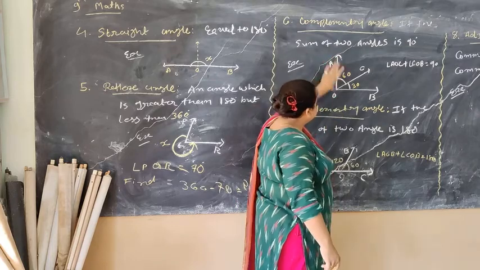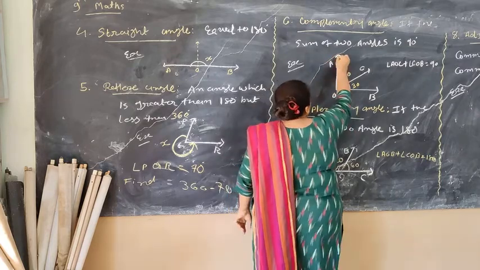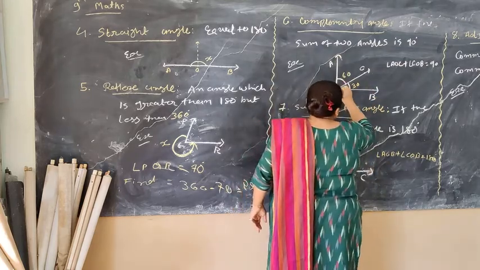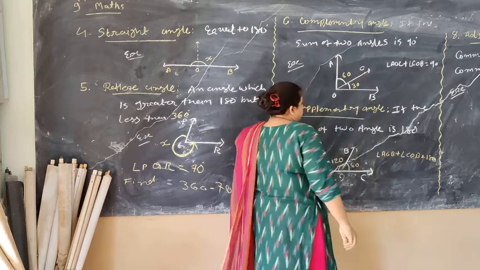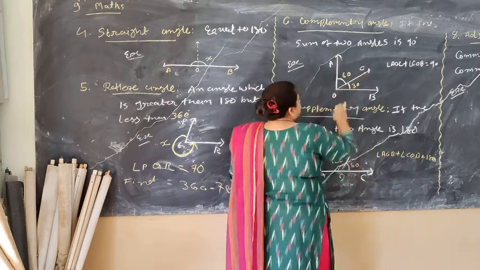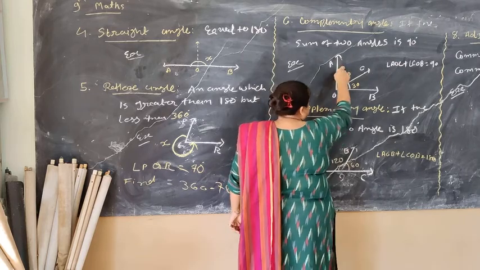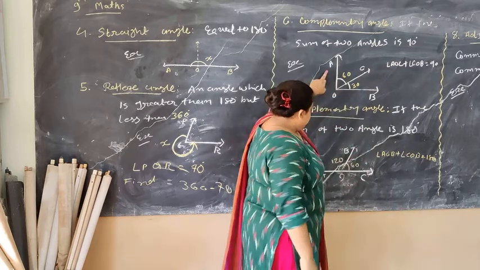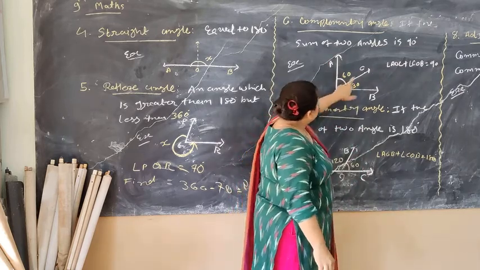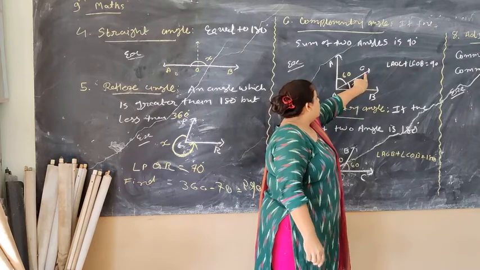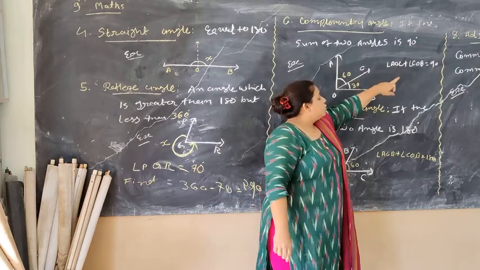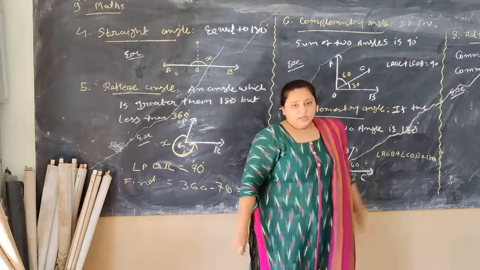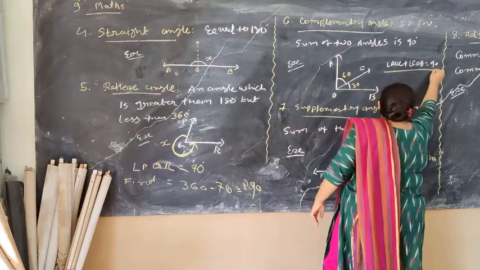Now you can see here it is a right angle, AOB is a right angle, right? And one line is still between both arms, that is OC. Now they form, one is 30, one is 60. For example, I take the numbers 30 and 60. If angle AOC plus angle COB equals 90 degrees, that means it is a complementary angle. It is the formula.